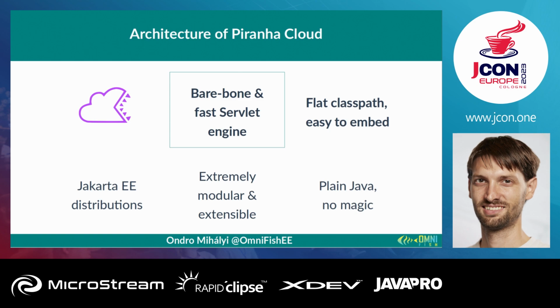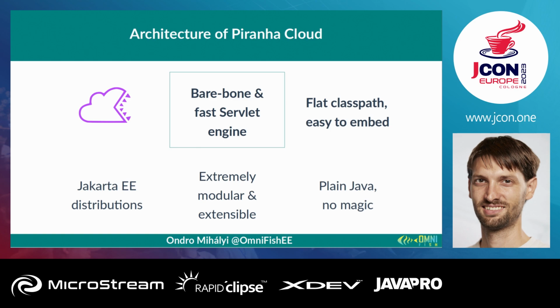With Piranha Cloud there are no class paths, or actually there are multiple possible ways to run the application, either to separate the runtime class path from your application's class path, but you can also merge them together and just embed the servlet engine inside your application, no class path magic.